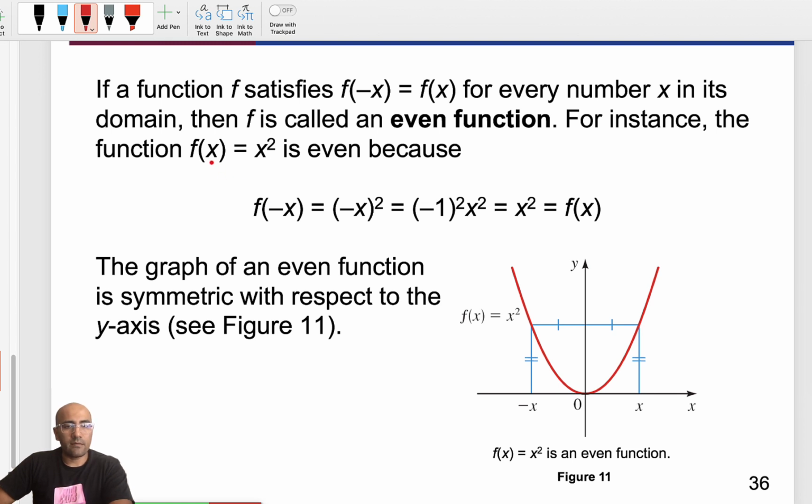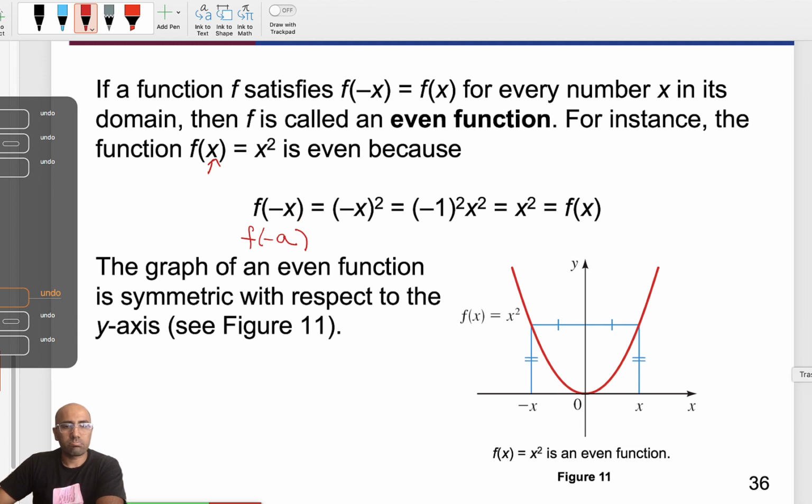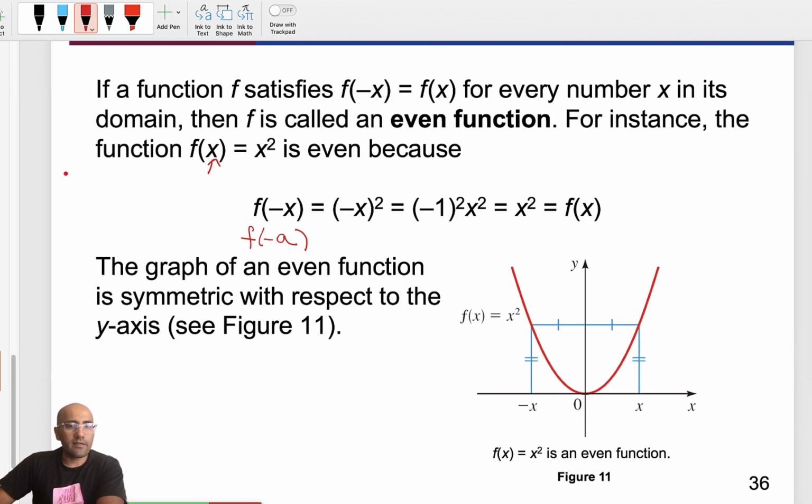So we use x so much that it looks a little confusing, so we could say f of negative a. Evaluating this function at a seems kind of silly. We're just letting x equal a. So if we let x equal a, then it's just going to be a squared, right? Of course, if we plug in a 2, then it's 2 squared. If we plug in a 3, we get 3 squared.